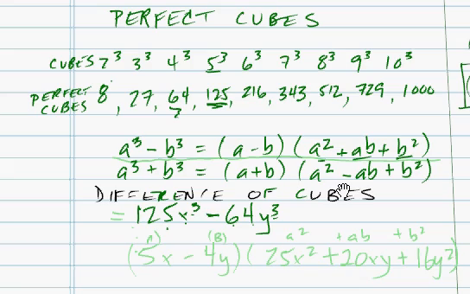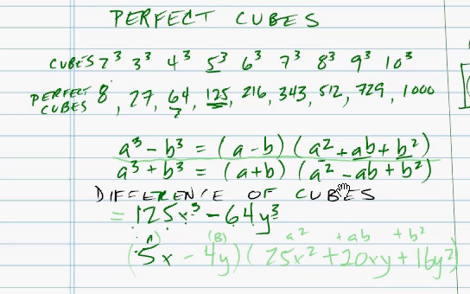So, since this is the difference of cubes, we're going to use the a minus b format here, a squared plus ab plus b squared, right up here. So, what we need to do is factor out the a and the b values, which would give us, in this instance, because it's 125x cubed, gives us 5.